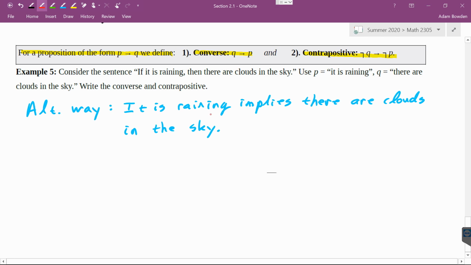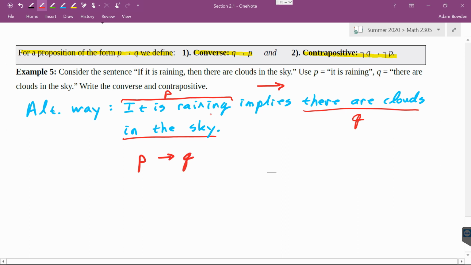With letters and our logic symbols, it is raining again is the P, and there are clouds in the sky is the Q, and implies is the arrow to the right. So we'd write this as P implies Q. The converse is always the other way around, would be Q implies P.